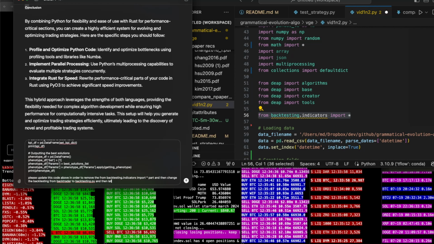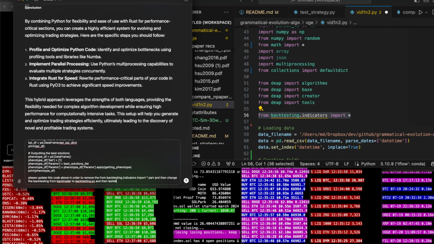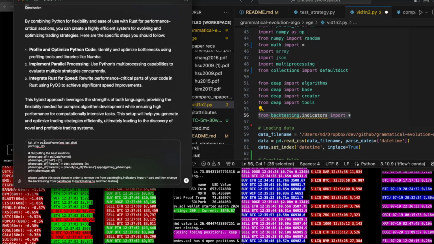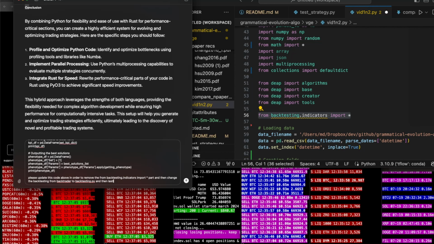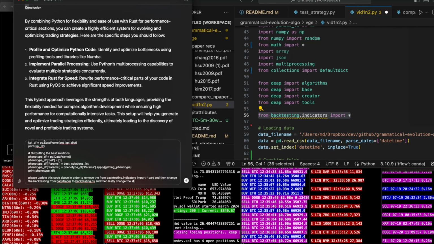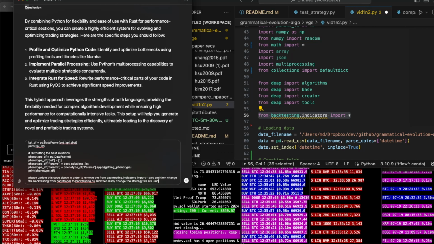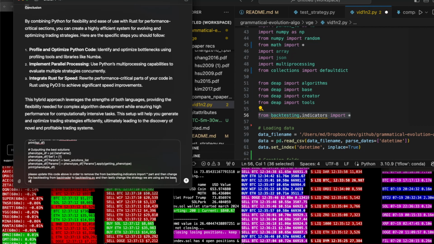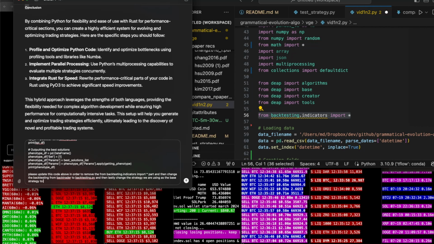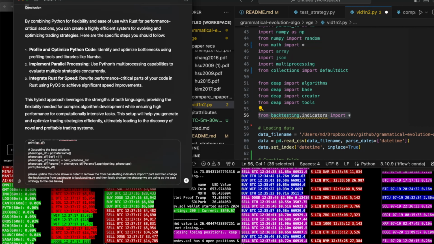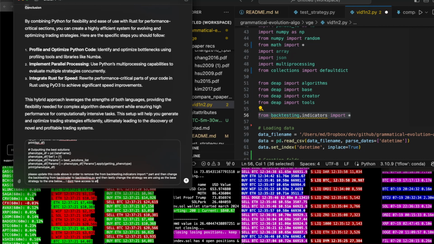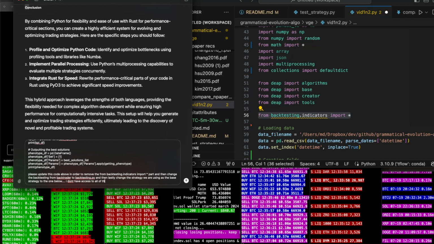And then lastly, change the strategy we are using as the base strategy to the one below. I don't have access to all of them. Okay, let's just say that.